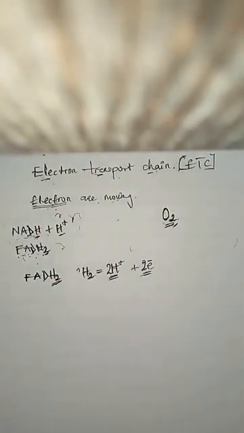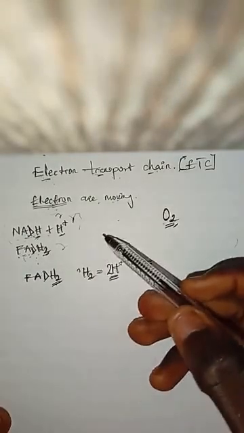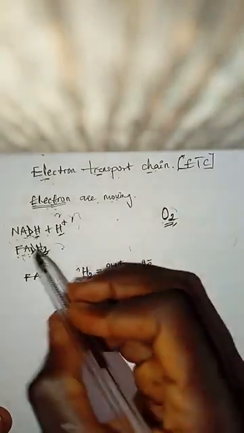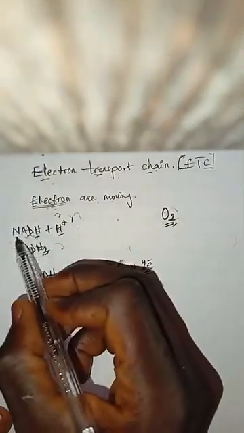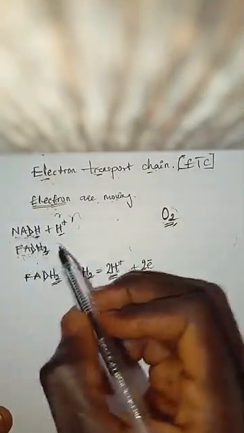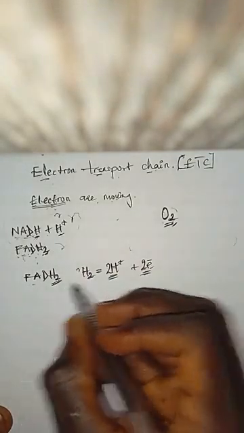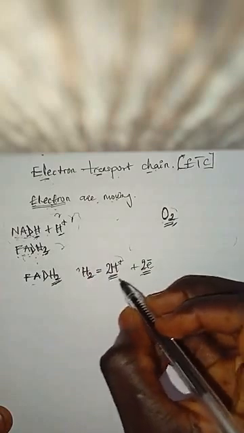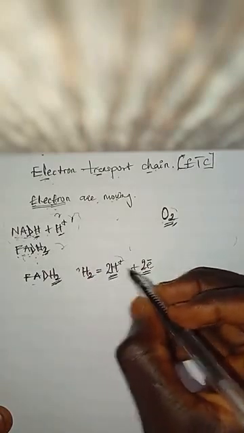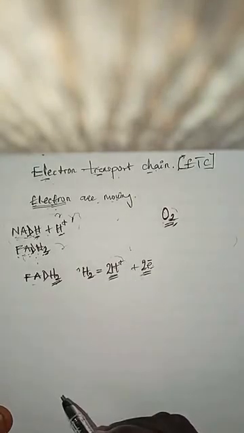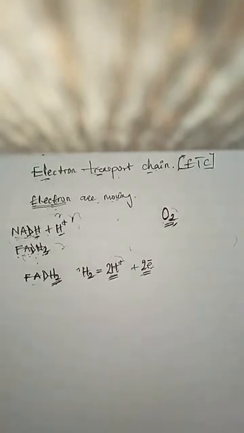Electron transport chain simply means you are transporting electrons from one acceptor to another until you get to oxygen, the final acceptor. The source of these electrons is the reducing equivalents; they are the ones that feed their electrons. So anytime FADH2 wants to enter the chain, you are expected to see the movement of 2H plus and 2E minus, that is 2 protons and 2 electrons.